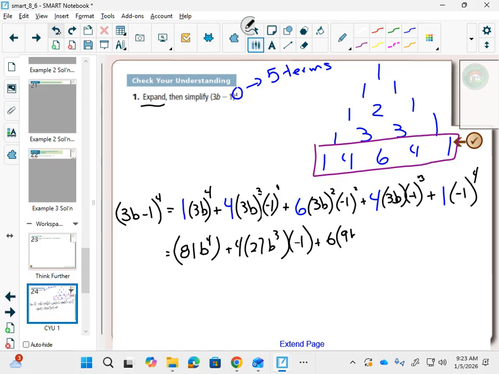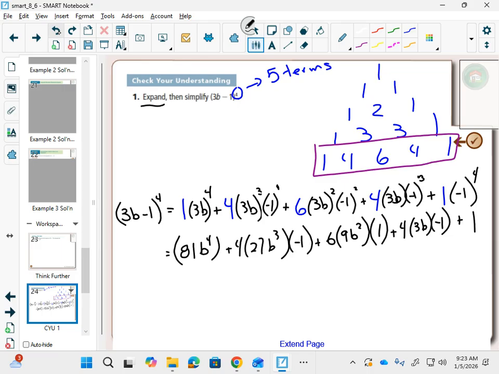This will be 9b squared, and minus 1 squared will be positive 1 plus 4, and 3b minus 1 cubed will be minus 1 plus, and negative 1 to the 4 is positive 1 times 1 is 1. So I just did my exponents first.